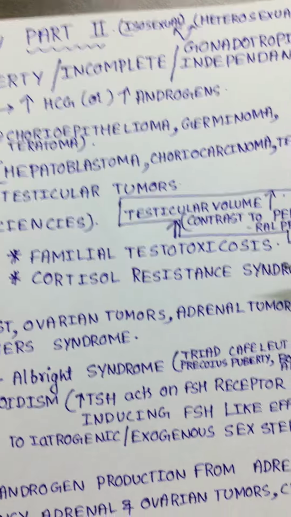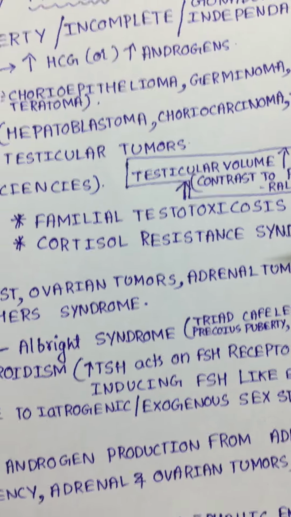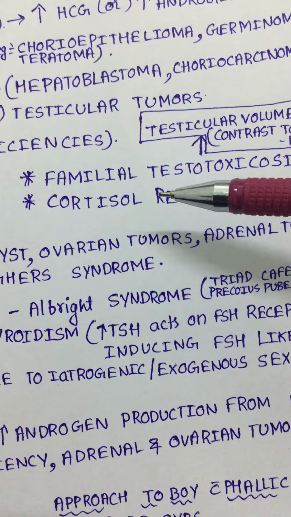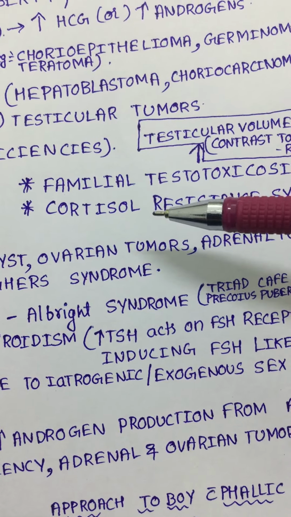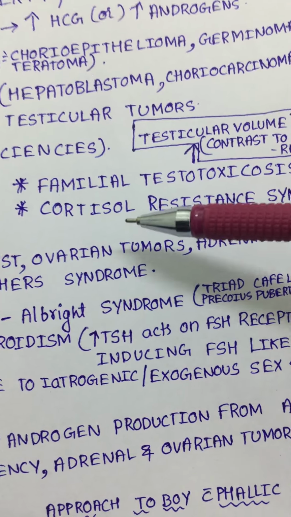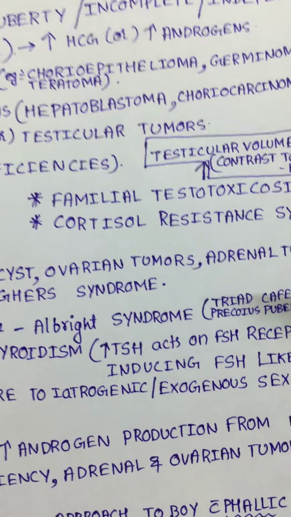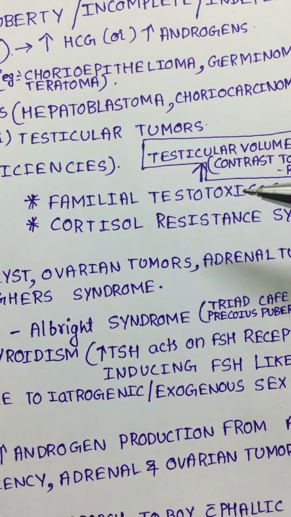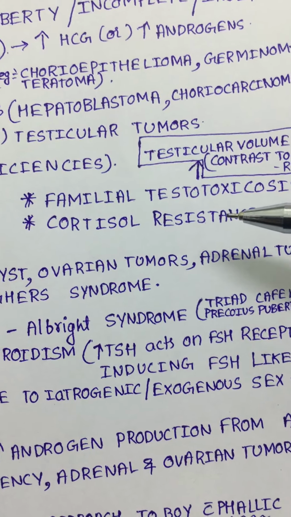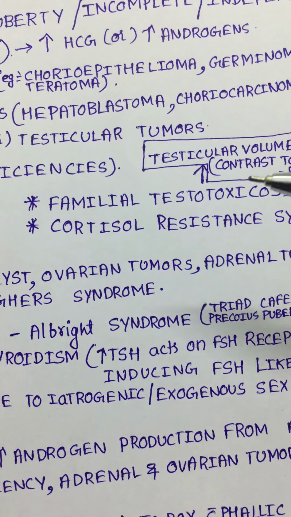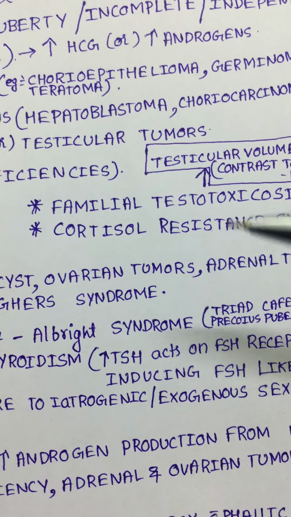And cortisol resistance, a rare condition called cortisol resistance syndrome. The receptors for cortisol are not effective, so cortisol cannot act on the receptors and keeps increasing in the body.